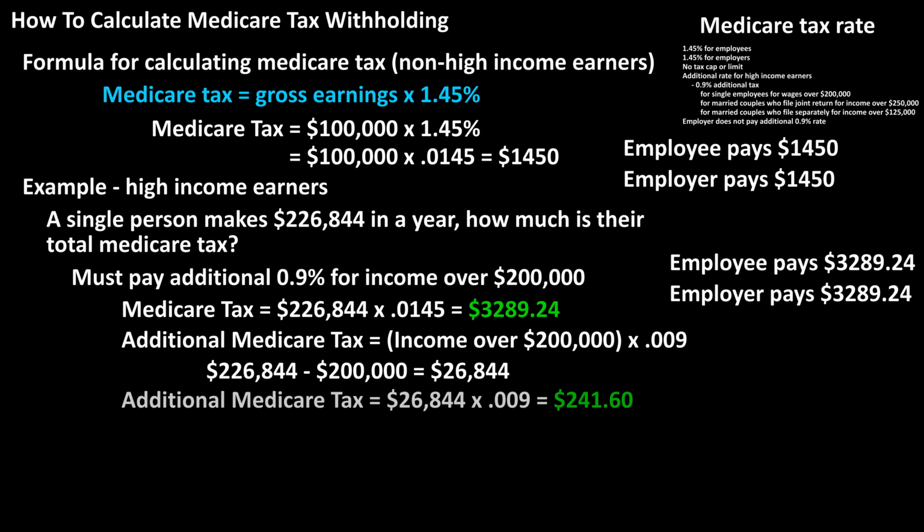Now we have $26,844 times 0.9%, or 0.009, which equals $241.60 rounded off.